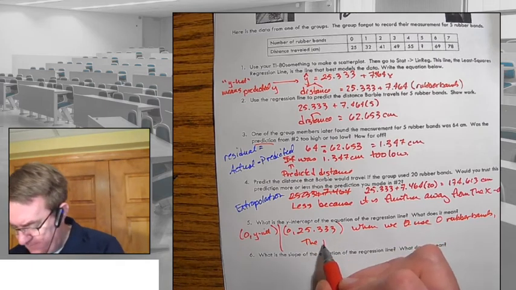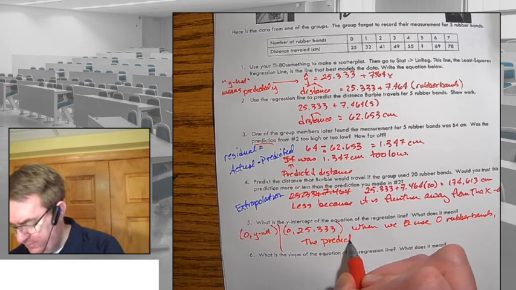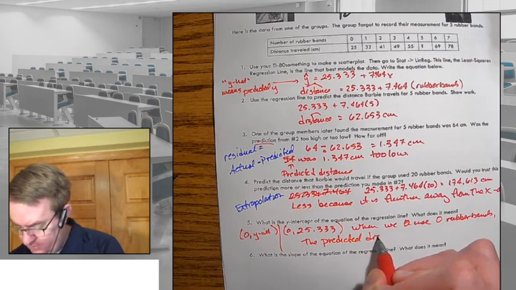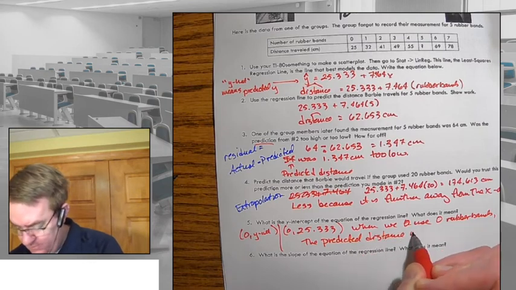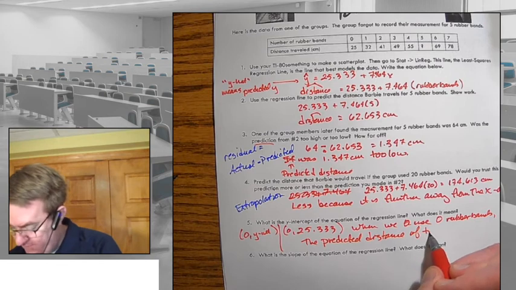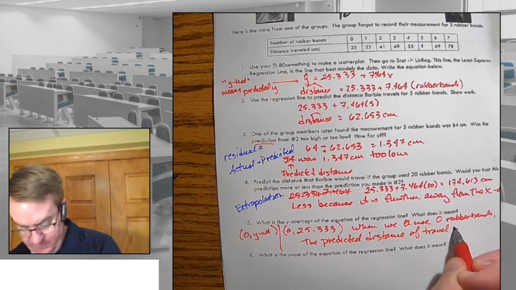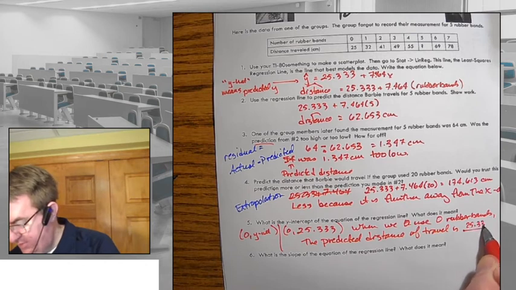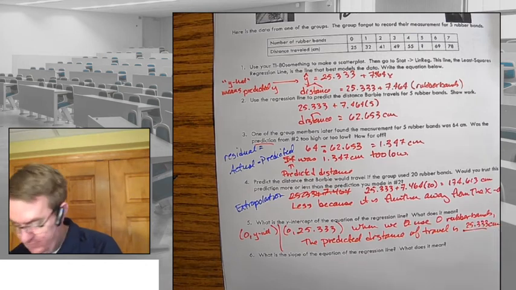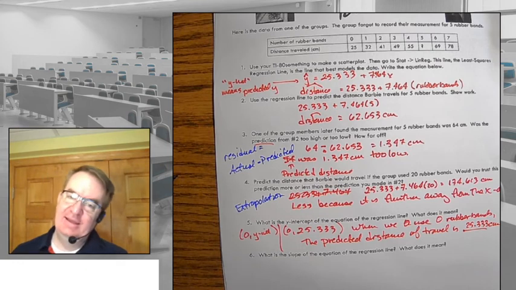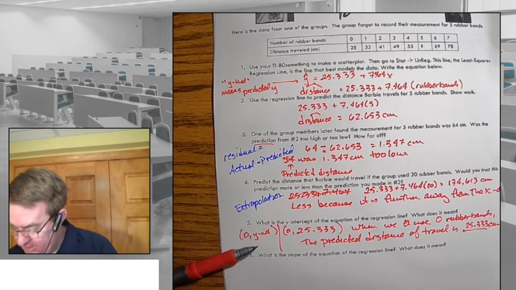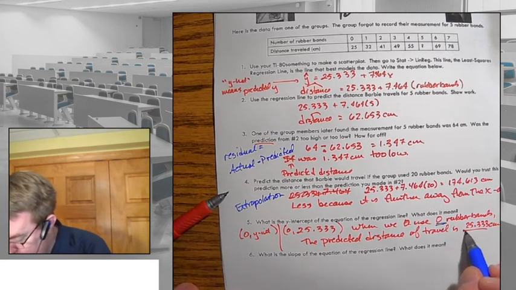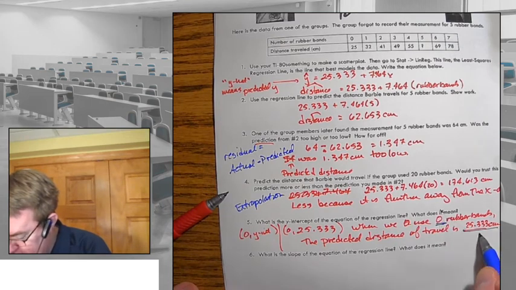Predicted distance, yeah, of travel is how much? 25.333 centimeters. So notice here, okay, this is x, there's y.